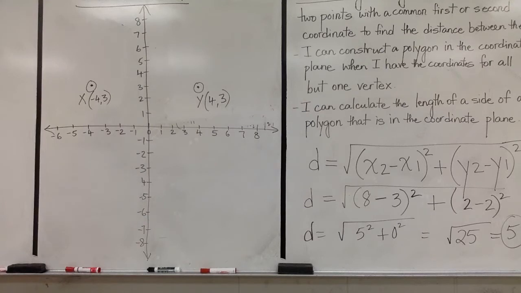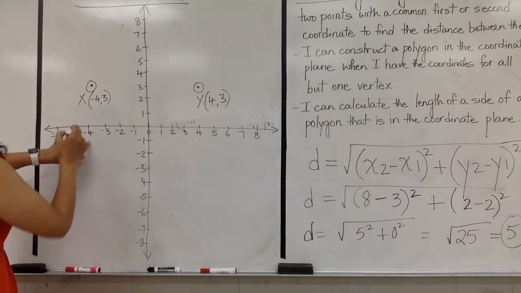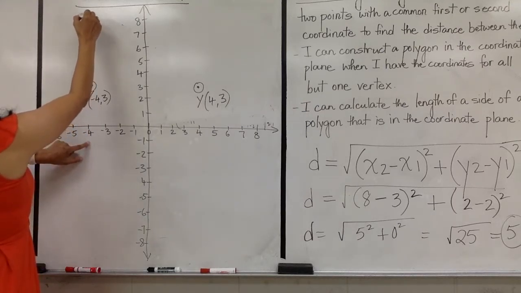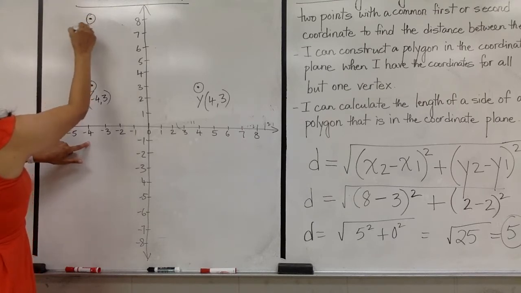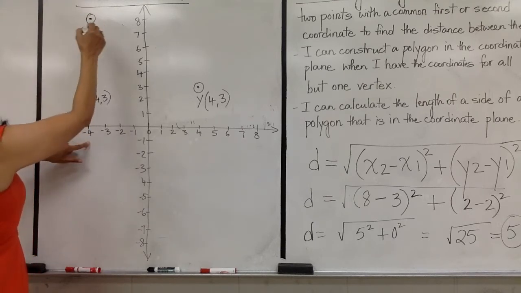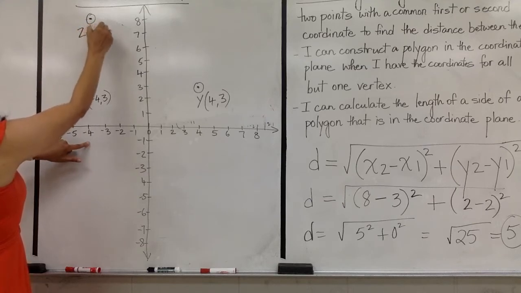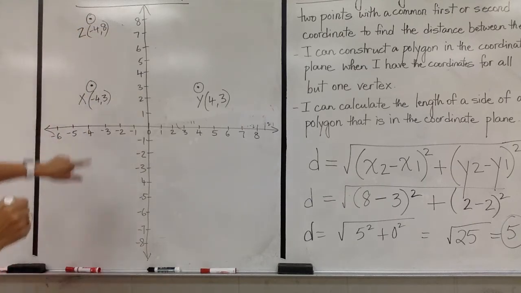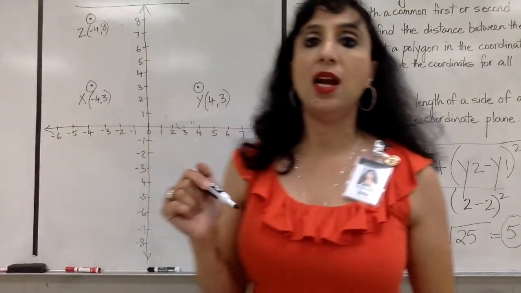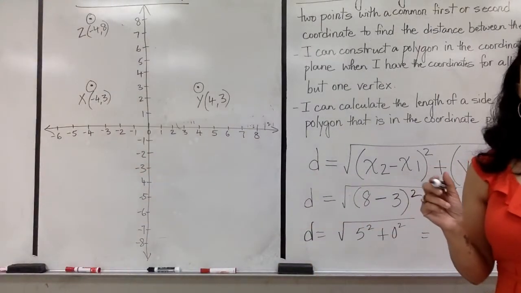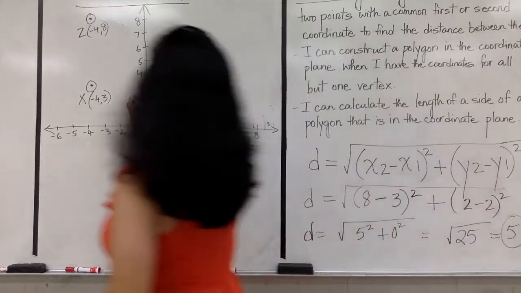Then I give you -4, 8. So if I go here, -4, 8, which is z. Okay, so this is -4, 8. All right, what would my last vertex be, the ordered pair, in order for me to form that rectangle?